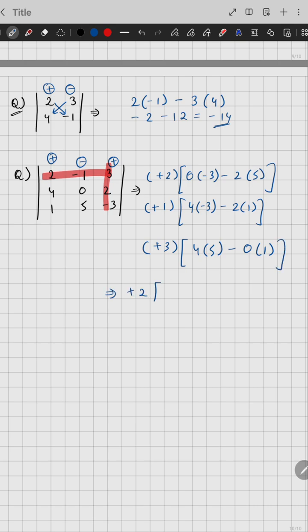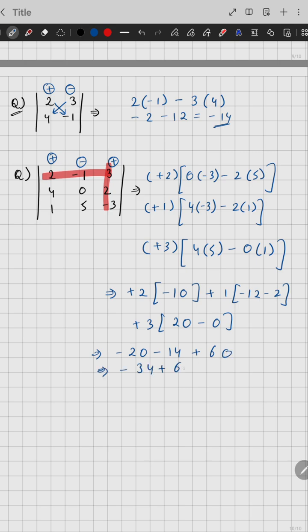The answer will be 2 into minus 10, plus 1 into minus 12 minus 2, plus 3 into 20 minus 0, that is minus 20 minus 14 plus 60. This will be minus 34 plus 60, which is equal to 26. This is the answer.